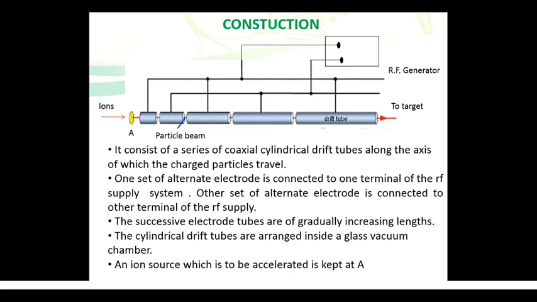So let's think that we have a positive ion at A. When we have a positive ion at A, the first drift tube is negative. That means the positive ion gets accelerated towards the first drift tube.